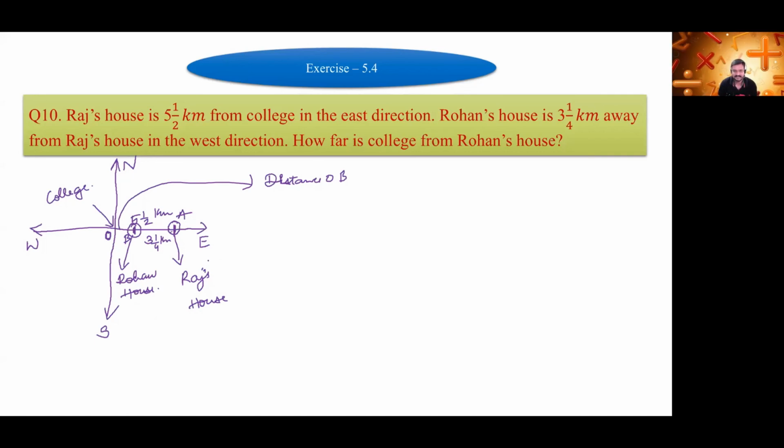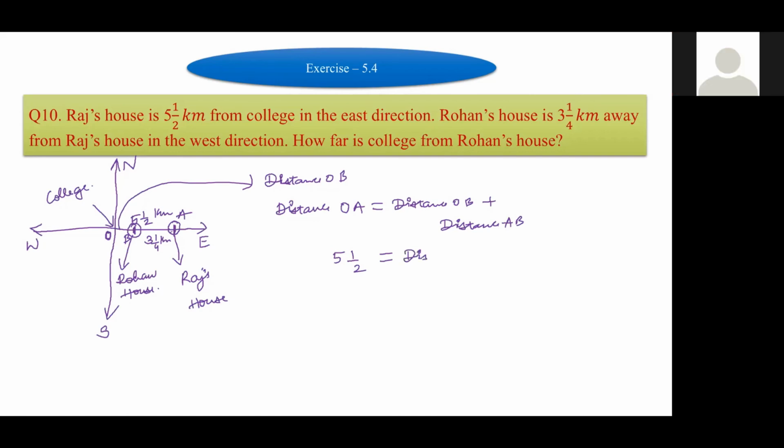Correct. So now from the figure, distance OA is nothing but distance OB plus distance AB. Distance OA is 5 1/2, and distance AB is 3 1/4.